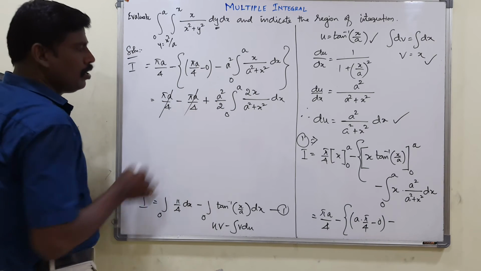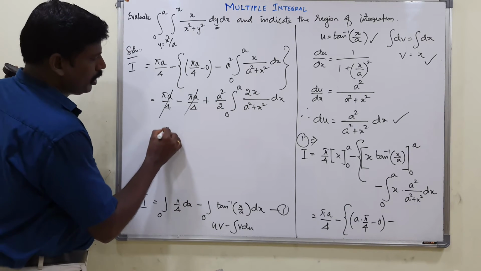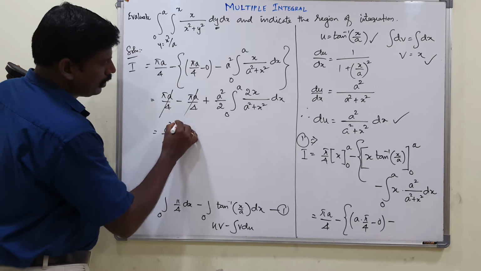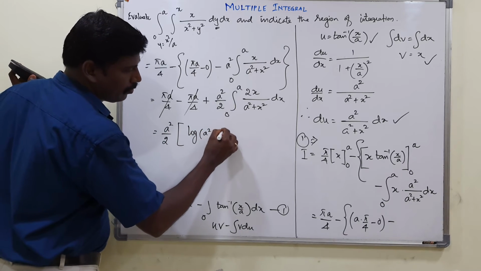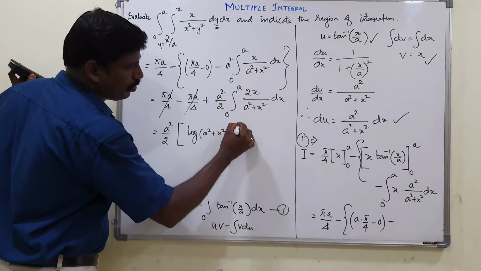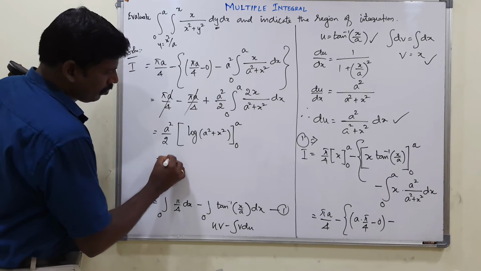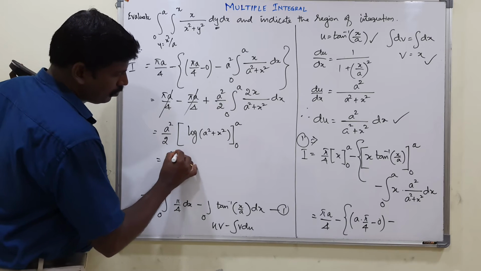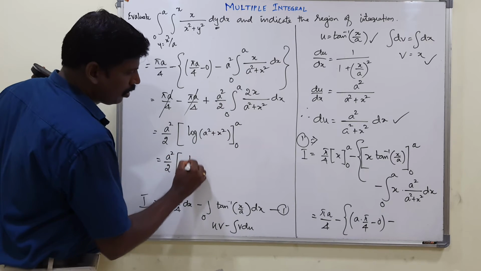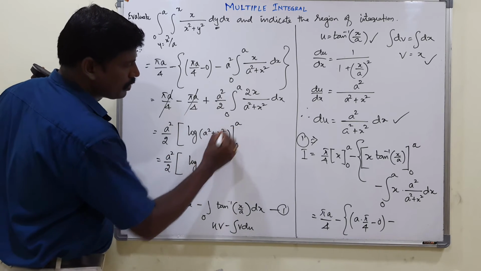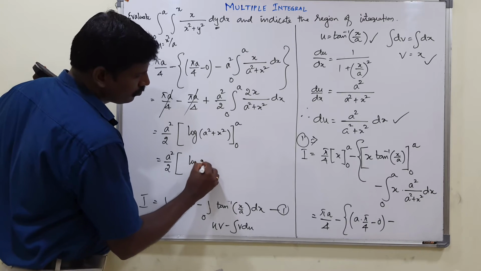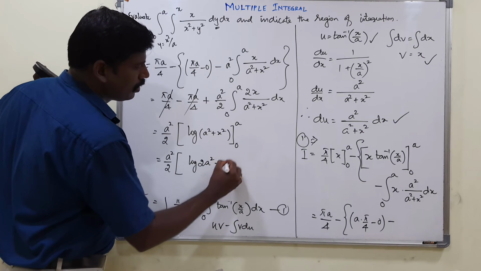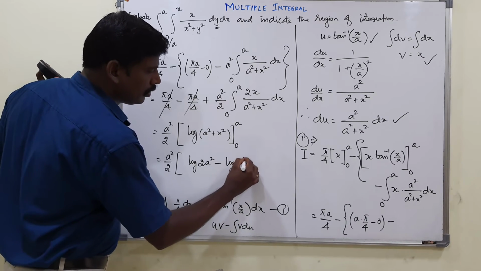We can cancel both plus and minus here. So a square by 2 into, what is this value? Log of the denominator, limit from 0 to a. So a square by 2 into log of a square plus a square, 2a square, minus log a square.